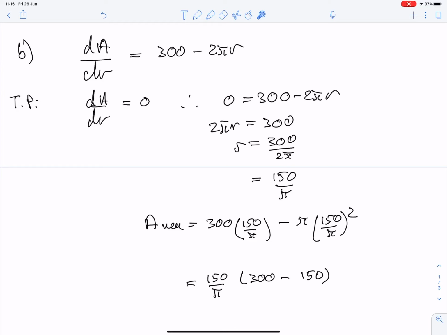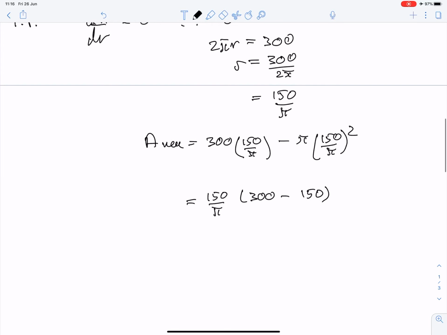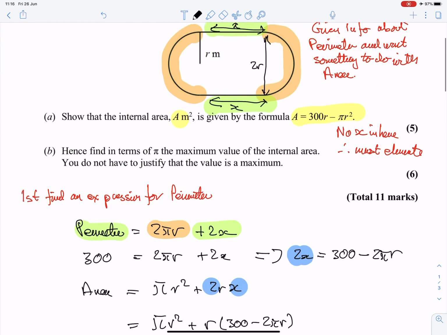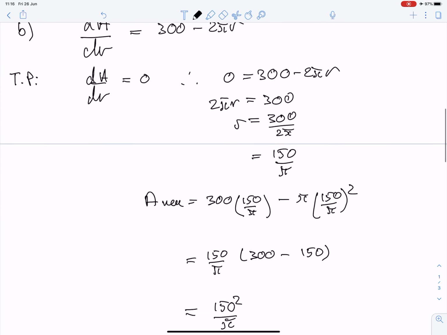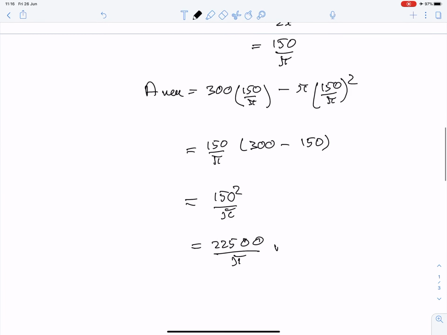So we've now got 150 squared over pi, which is 22500 over pi. Units squared. I don't know whether we're given any units. Yes, meters squared. And that's that one done.